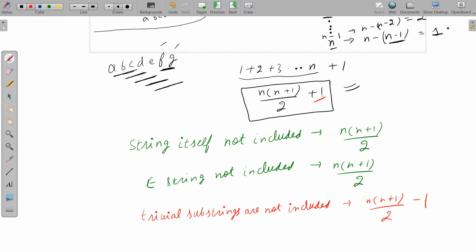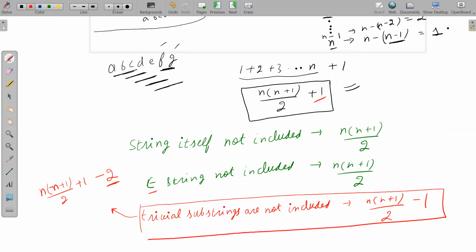We are not including the string itself, and we have not included null also. So we have to subtract 1. In very simple wording, the total number of substrings will be n into n plus 1 by 2 plus 1, and we will subtract 2. Minus 2 for what? Null and the string itself. So the answer will be n into n plus 1 by 2 minus 1. This will be my final answer.